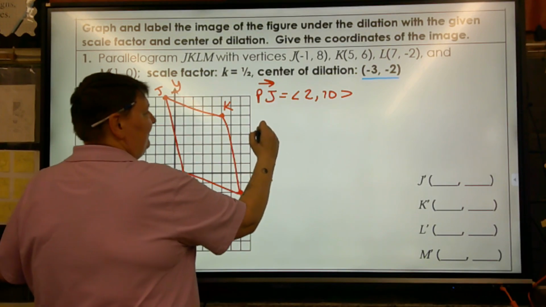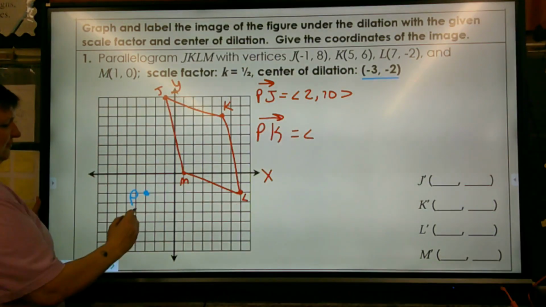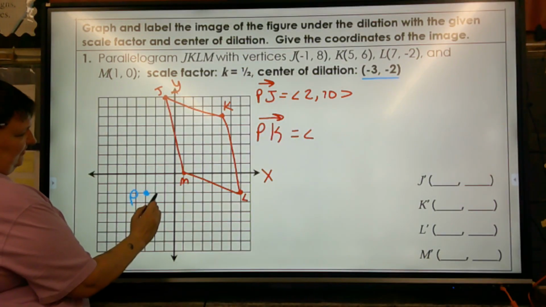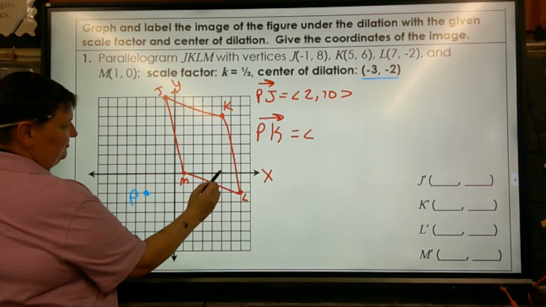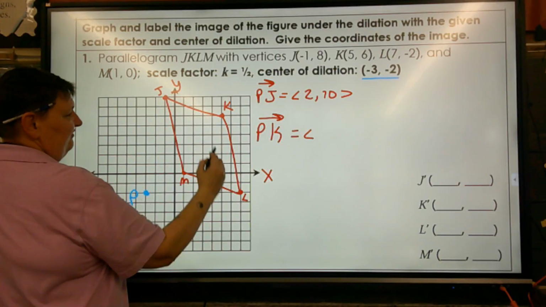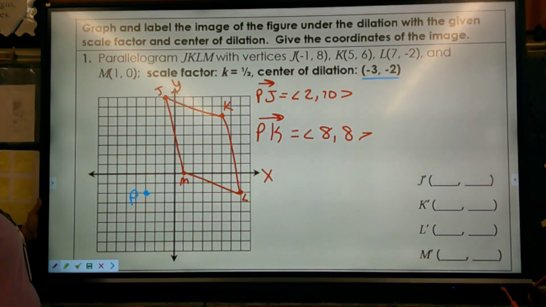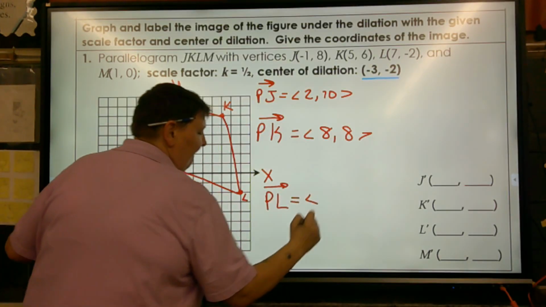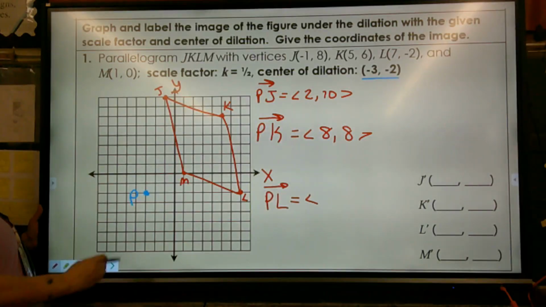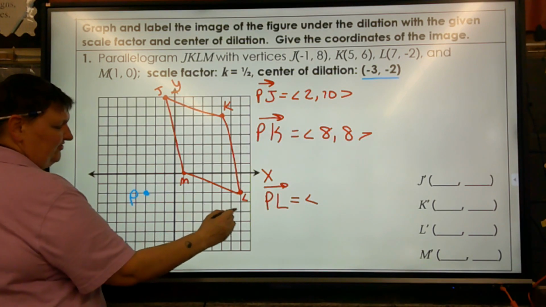From P to K, we had to go right 1, 2, 3, 4, 5, 6, 7, 8. 8 right, 8 up. Easy enough. From P to L, 1, 2, 3, 4, 5, 6, 7, 8, 9, 10 to the right.